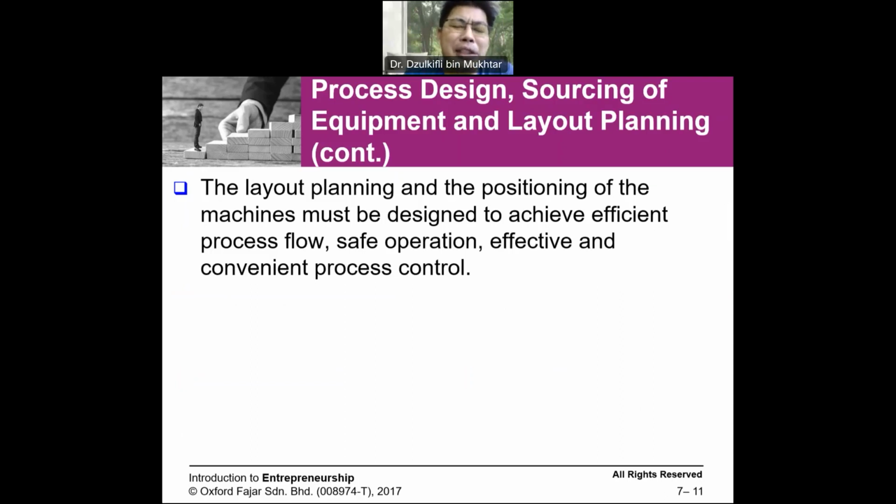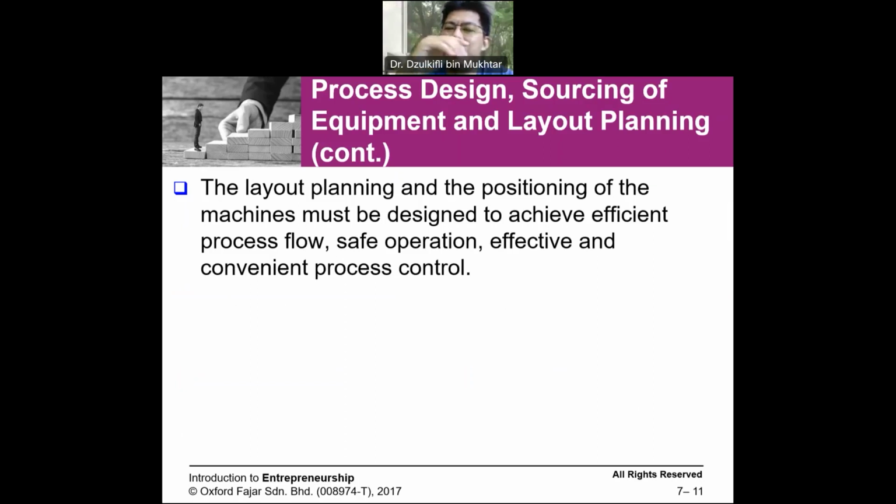Sometimes saya berfikir McDonald's, KFC, fast food chain ni, premis dia kecil je, very compact sebenarnya, but they are able to produce a significant number of products dengan masa yang cepat. The justification behind it, you can see the design of the kitchen. Dia macam production line kan, dia swing situ, dia buat ni, dan at the end tu ada collection point. So that is what we see, the layout planning.